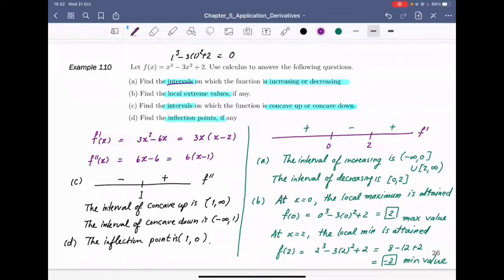It makes no sense to discuss whether we should include the critical number or not, because when we talk about intervals of increase or decrease and concave up or down, we only care about the interval, not just the extreme point. I hope that helps.